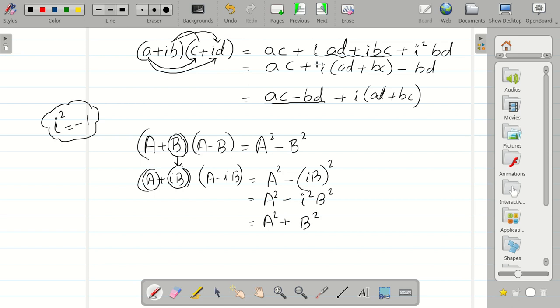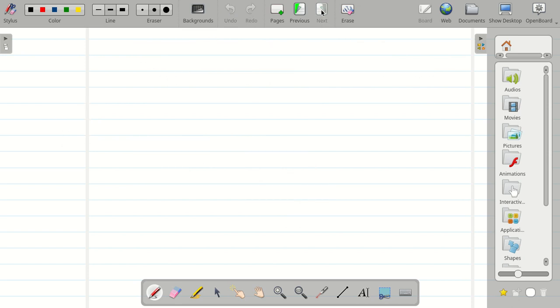Okay, now let's move on to division of complex numbers. As before, I'll take two complex numbers a plus ib and c plus id. So always remember one thing, the denominator should be free of i.